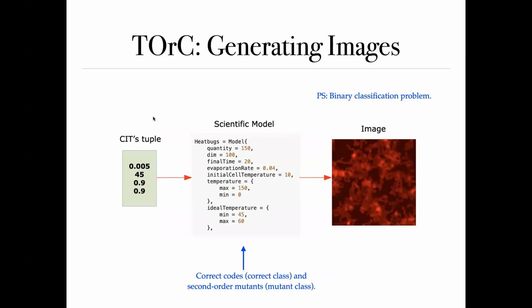So we get these tuples and override the values of parameters of the scientific model, and after some simulation time, we generate the image. These are applied to the correct code and second-order mutants. Our remark is that this is a binary classification problem: correct class, pass, and mutant class, fail.